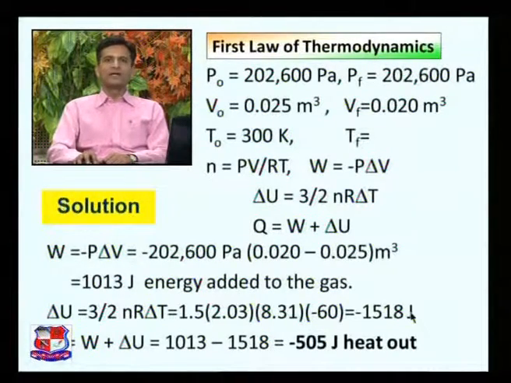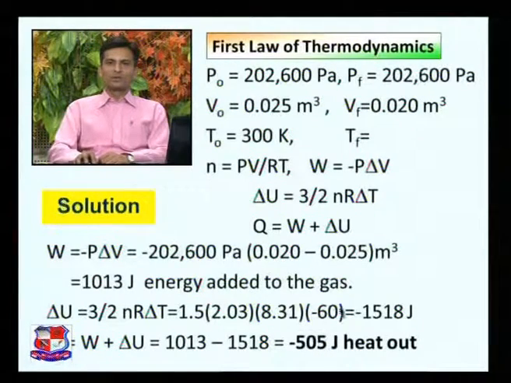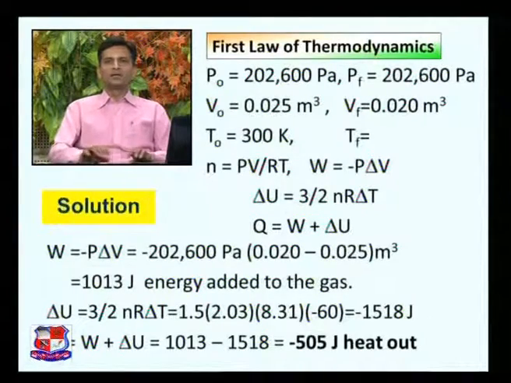So 1518 joule is delta U, and from the first law of thermodynamics, Q is equal to W plus delta U. W is equal to 1013. So put the values, and Q is equal to minus 505 joule heat out. So this much heat is out from this given situation.